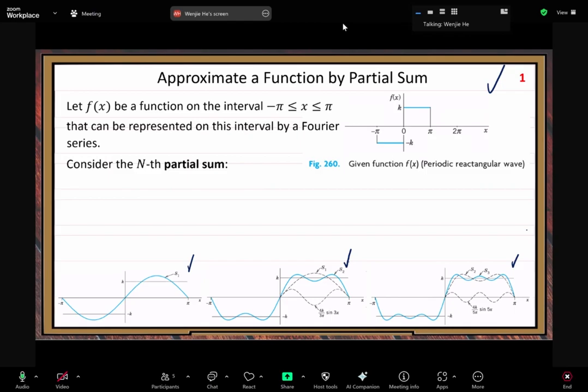Consider the nth partial sum. That's the function we use to approximate the original function. The nth partial sum definition is like this. The a0, a coefficients, b coefficients, we know how to calculate, right?